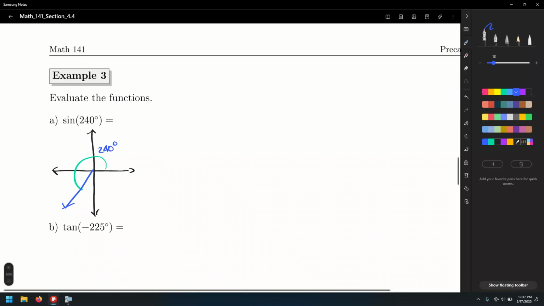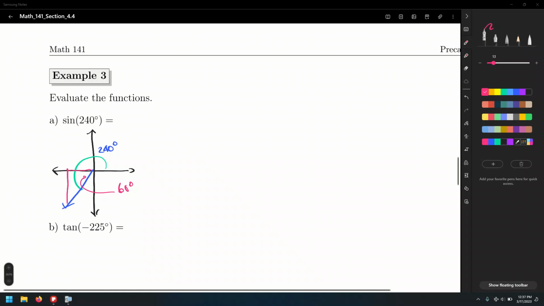Well, let's focus on this triangle right here. Notice this, the reference angle in this case is 60 degrees. That's the reference angle. Now, check this out. Number one, we are working in the third quadrant.